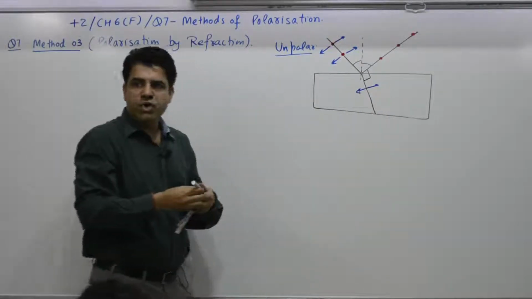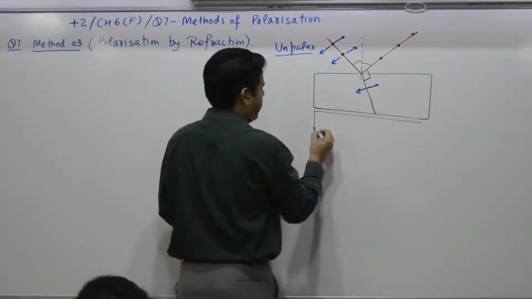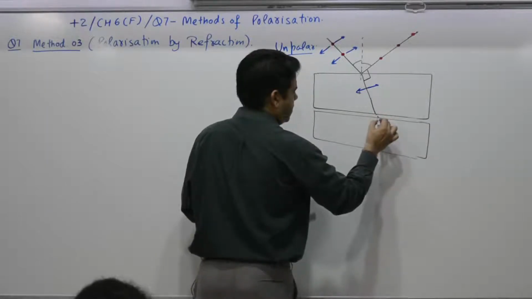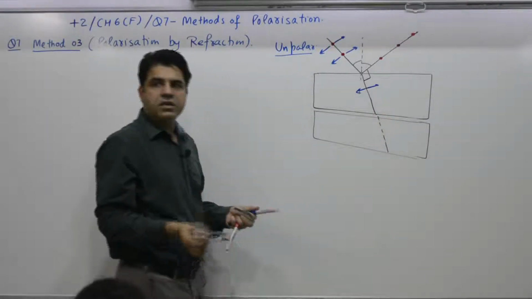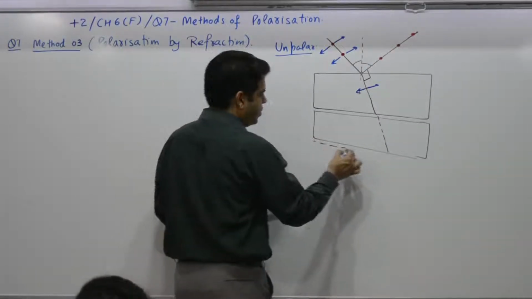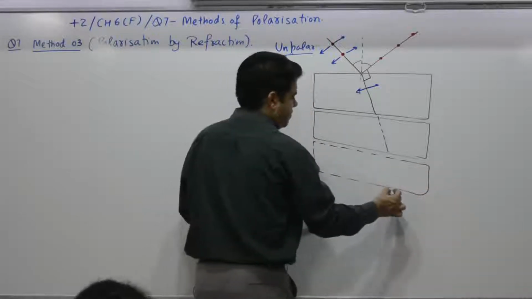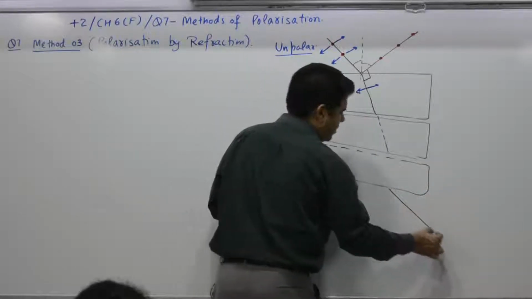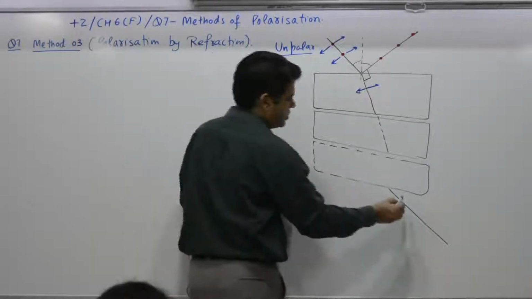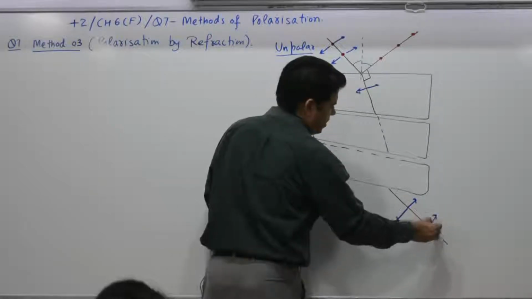Then pass it through another glass slab, place one more slab. When you place it, again this passes through second, third, fourth, keep on placing a number of such slabs, and what you observe is, when this ray comes out on the other side, it has oscillations only in the plane.